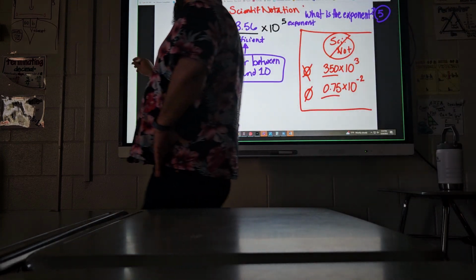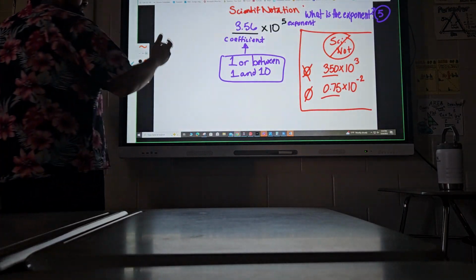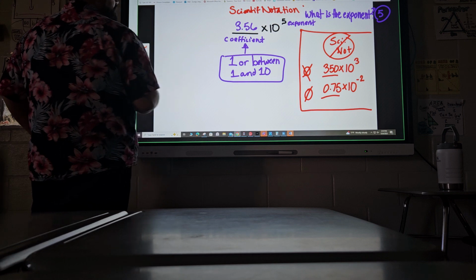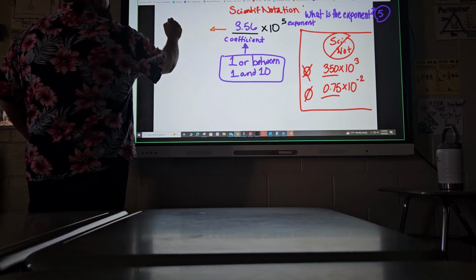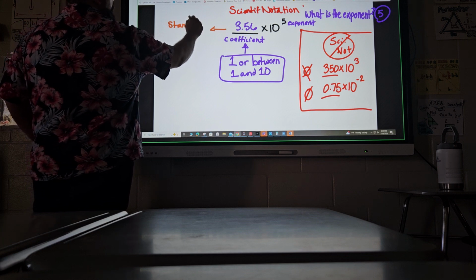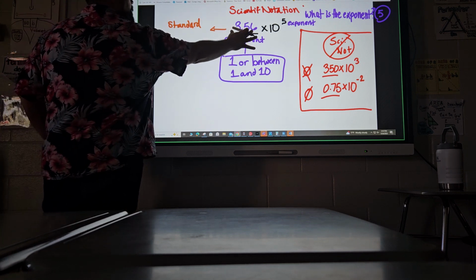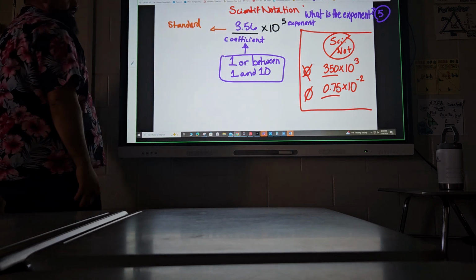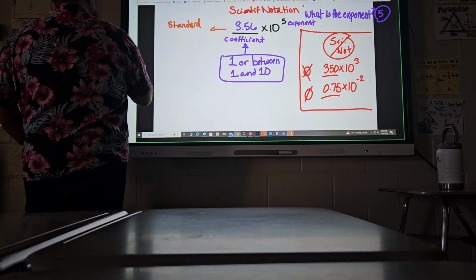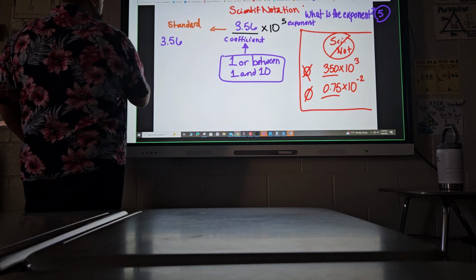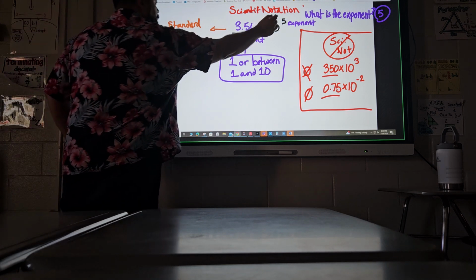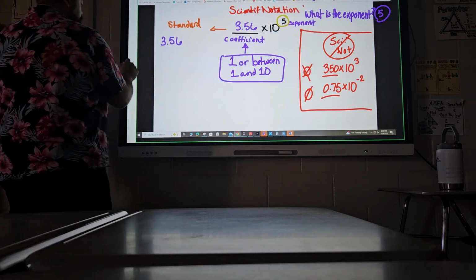All right, so the last thing we're going to look at is, let's go ahead and convert this into standard form. So this number was shortened, right? Let's go ahead and make it bigger again. So we're going to take the coefficient, and you are going to look at the exponent to see how many spaces you're going to move it.